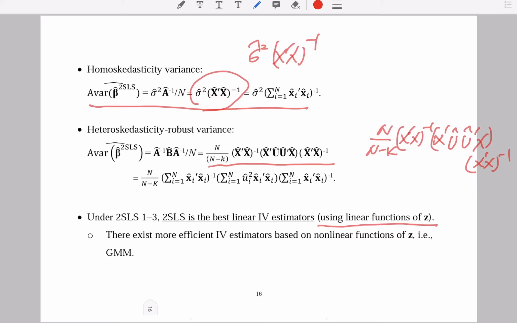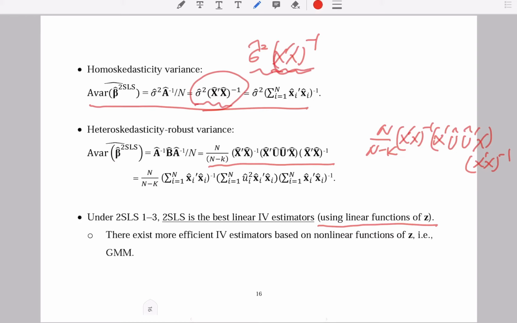So it's very similar to the OLS efficiency result, but note that it's actually less efficient than the OLS estimator, because you can see directly that this guy will be smaller than this guy, right?